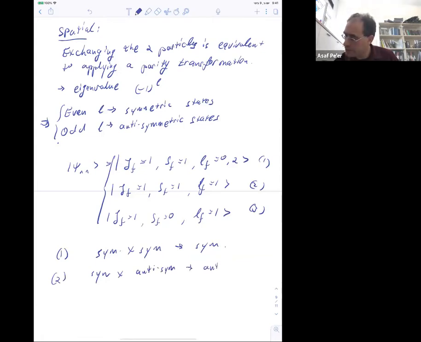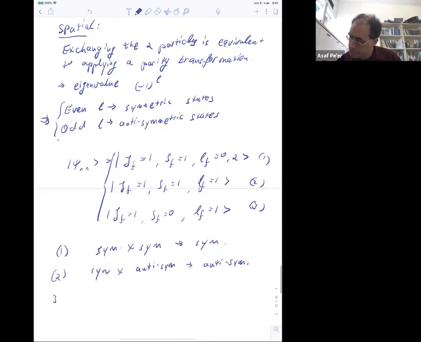That's anti-symmetric. And the last option is S equal to 0, which is anti-symmetric, times L equal to 1, which is anti-symmetric. That is symmetric.